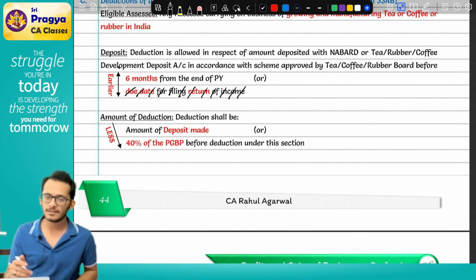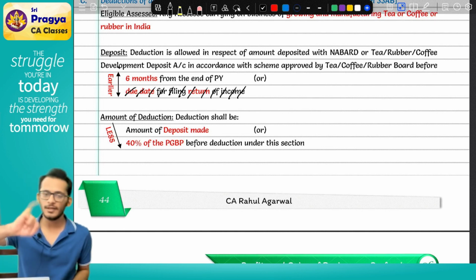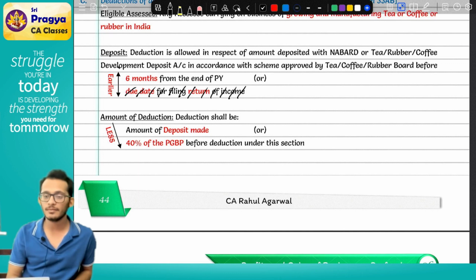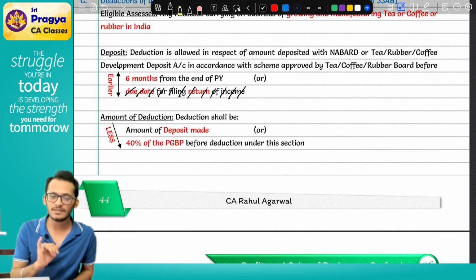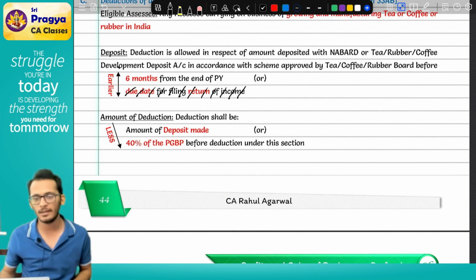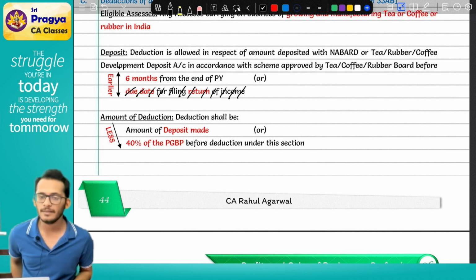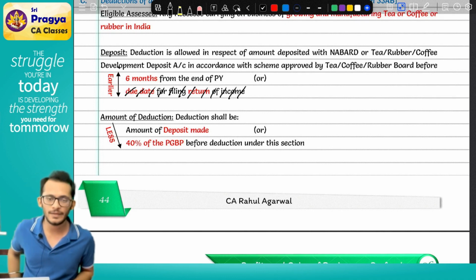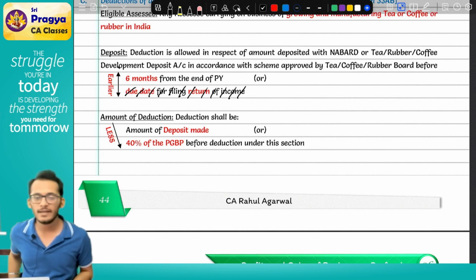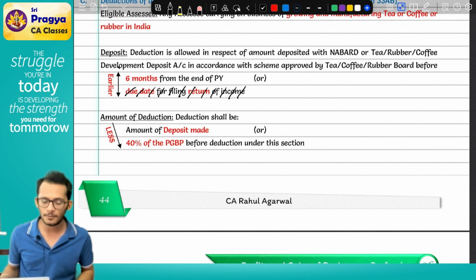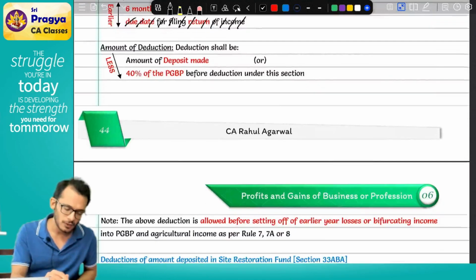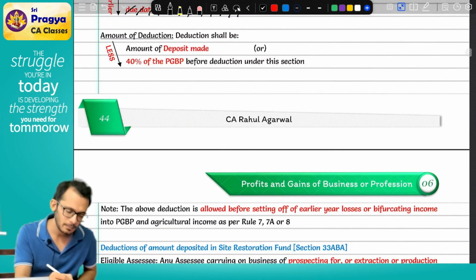In simple words, Rahul, if you are in the business of tea, coffee, rubber, and you create a special account called tea, coffee or rubber development account and you put into that account, within 6 months from the end of the previous year, a certain money, I will give you a deduction of that money up to a maximum of 40% of the PGBP.